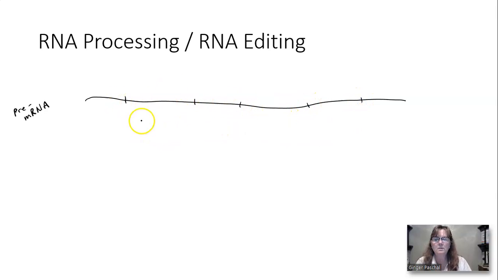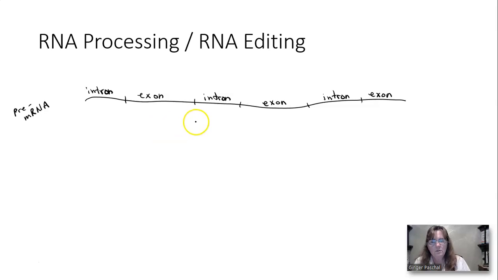Let's put 5 marks on there. So on a pre-mRNA, we have introns, or we have an intron, that's from here to here. That's this portion of the mRNA. We have exon, and then we have an intron, and then we have an exon, and an intron, and an exon.